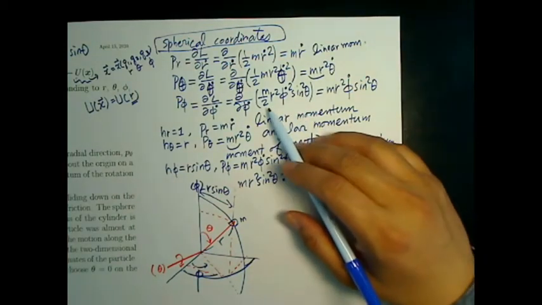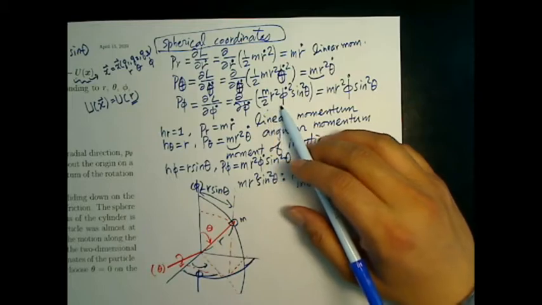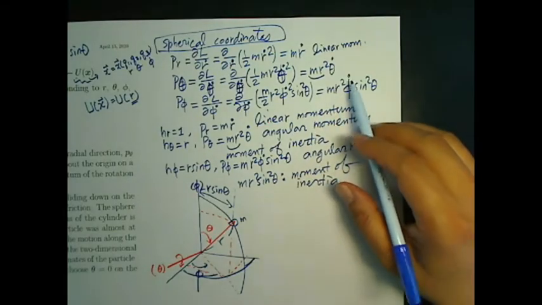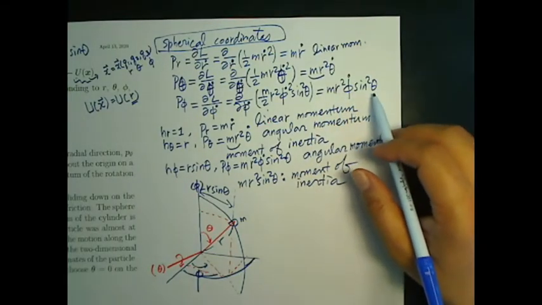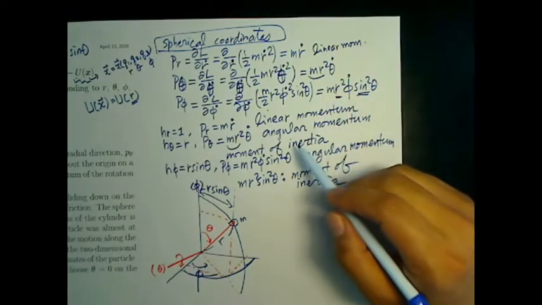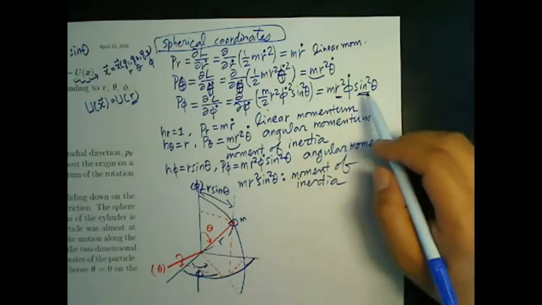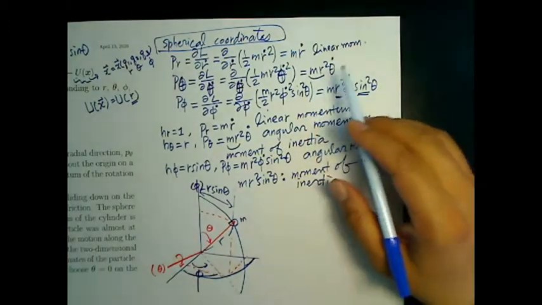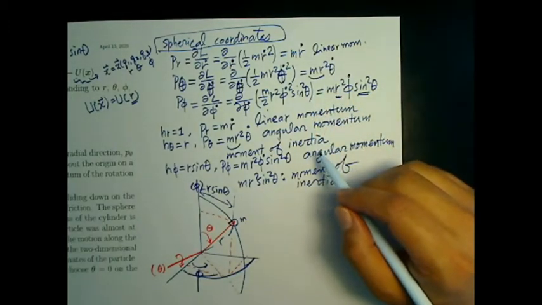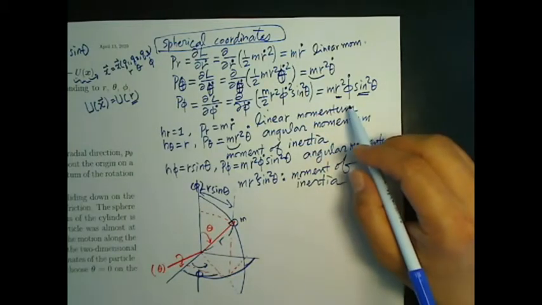The phi dot dependent kinetic energy is 1/2 m r squared phi dot squared sine squared theta. The result is m r squared phi dot sine squared theta. Again, our lever arm is r sine theta, so the lever arm squared is multiplied by the mass to generate the moment of inertia about the z-axis, and multiplied by this angular velocity phi dot.